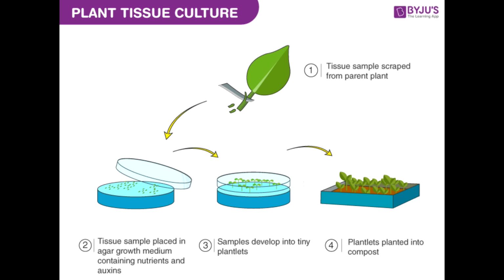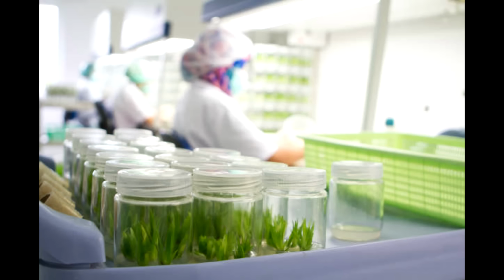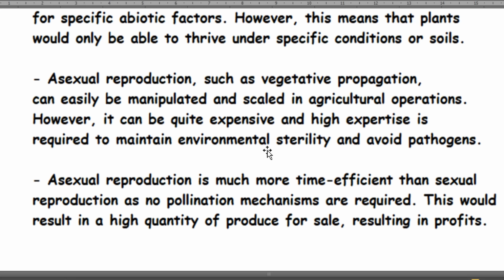In tissue culture, you use small little plantlets, and those are very susceptible to bacteria and fungi. And of course, if it's not in a sterile environment, all of them would die. The whole thing would be for naught. So it is expensive. It requires a lot of equipment, a lot of expertise to make sure that it is done properly. A good example would be tissue culture, as I said.